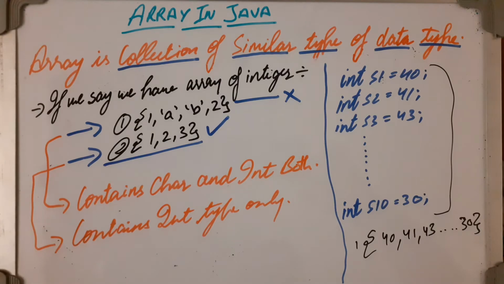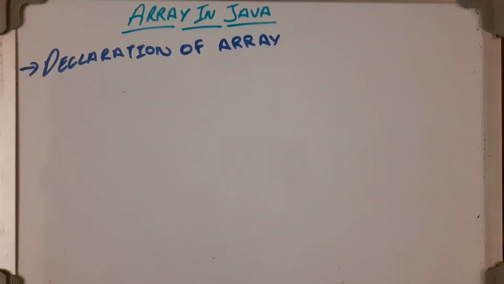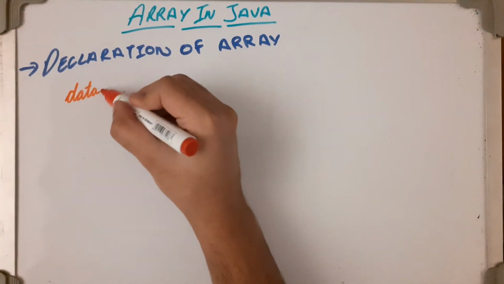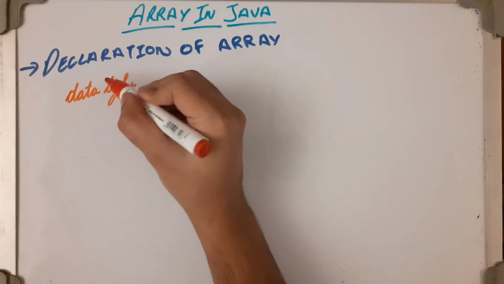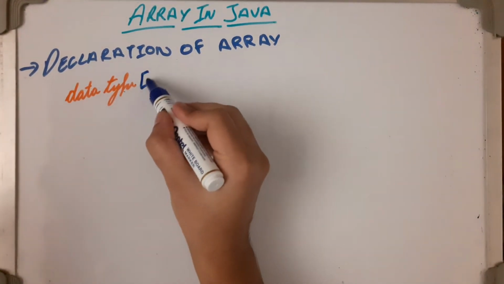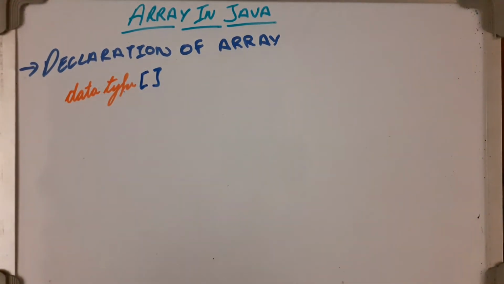Now we will see the declaration of an array. Now how to define the array? First I will tell you, here is the data type, then we have square braces, and then we have an array name.